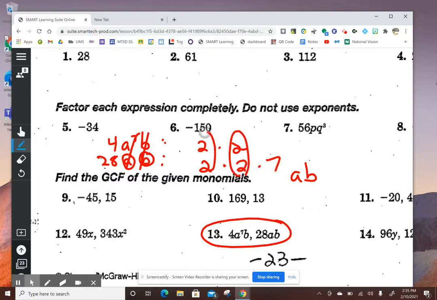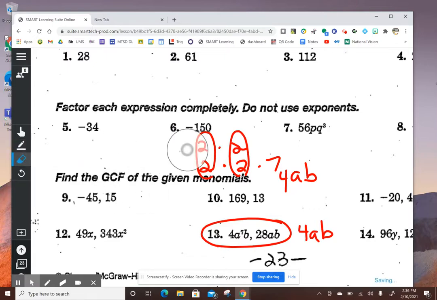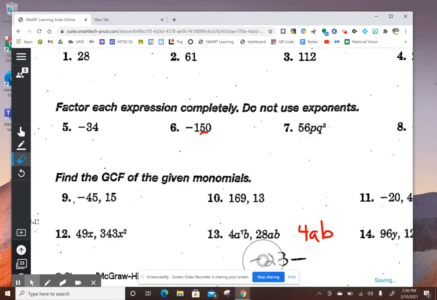So what they have in common is 2 and 2, which is 4. So this GCF would be 4ab. Okay, so again, I did want to go over this, but most of what you're going to do when you're finding the GCF is going to be stuff you can do in your head. So let's turn the page.